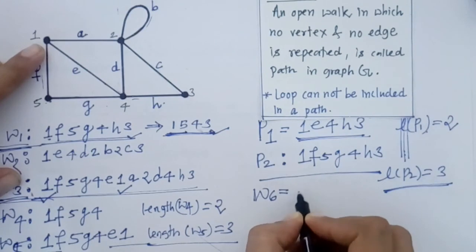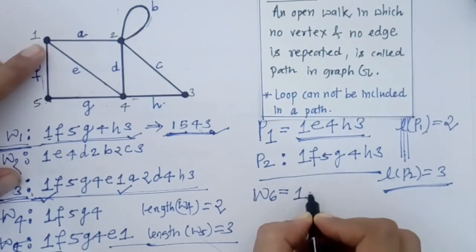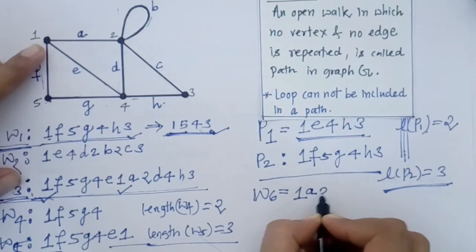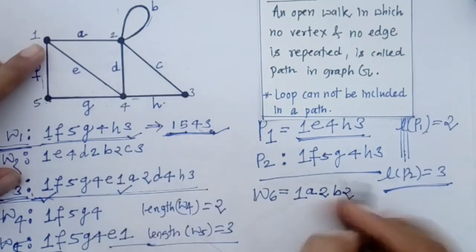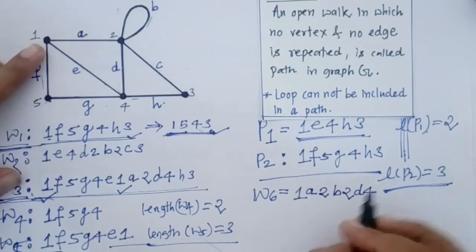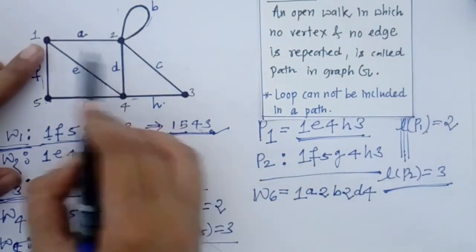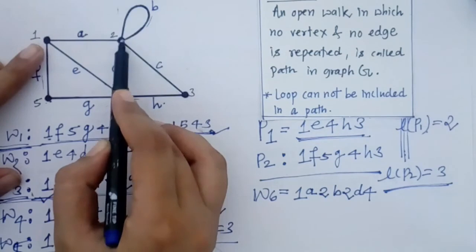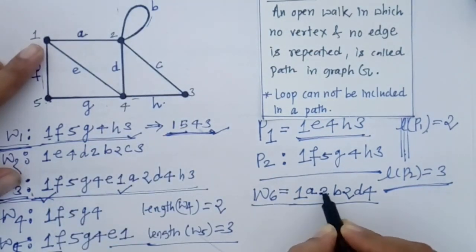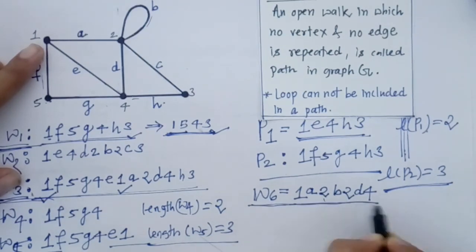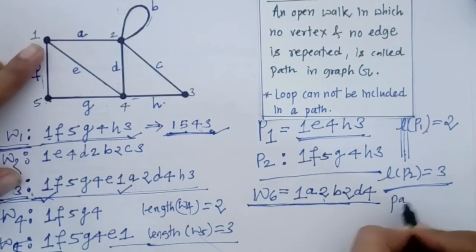So we write this walk as vertex 1, edge A, vertex 2, then edge B, that is the loop, then again vertex 2, then by edge D we travel to vertex 4. Now we can check that by this loop we have repetition in this walk. Vertex 2 is repeated here, so this walk is not a path.